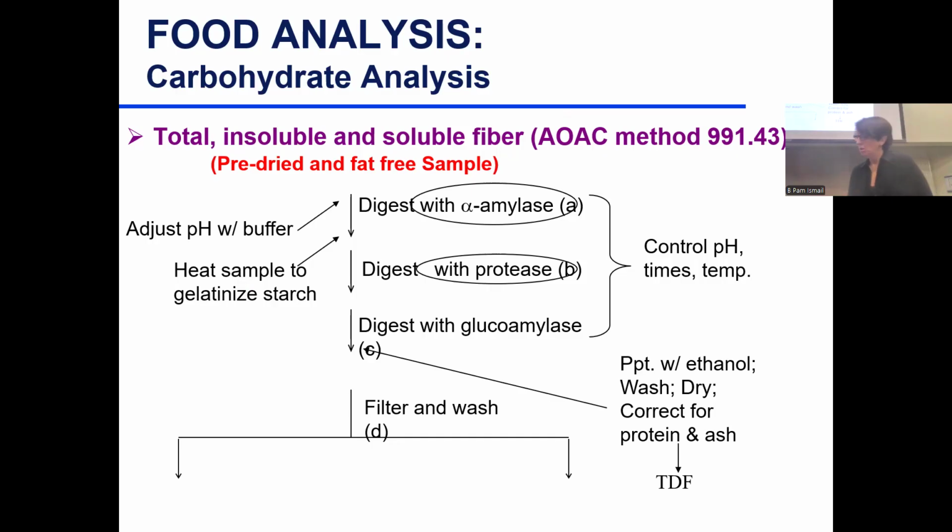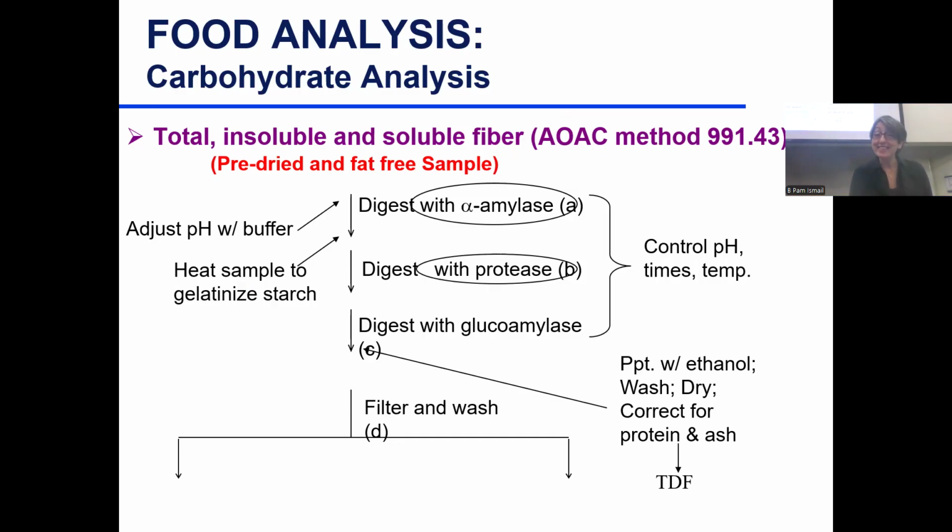Remember, in order for alpha amylase or even other sources of amylases to function and digest the starch, it has to be gelatinized. I'm just all fixated on protein. It's terrible.